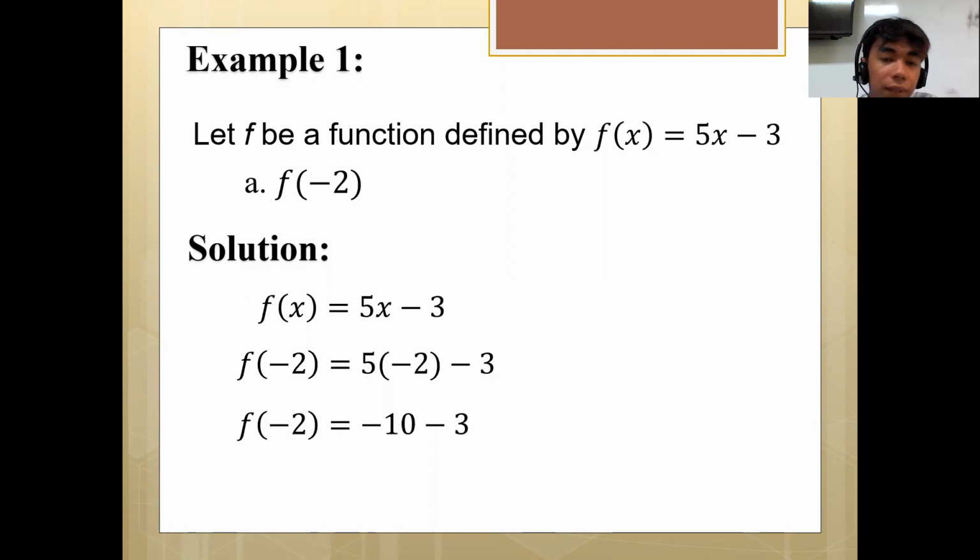So f of -2 is equal to 5 times -2, which becomes -10 minus 3. So combine like terms, you have now f of -2 is equal to -13. That will be the final answer, the value of f of -2 if the given function is f of x is equal to 5x minus 3.